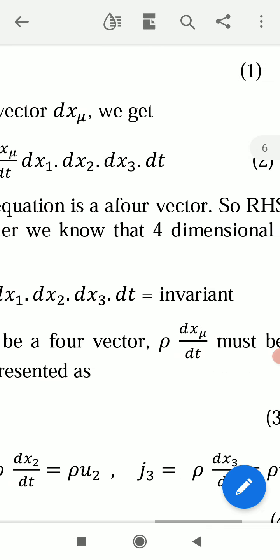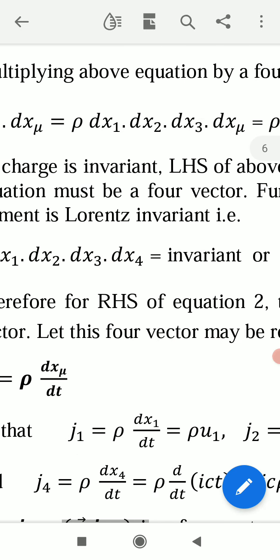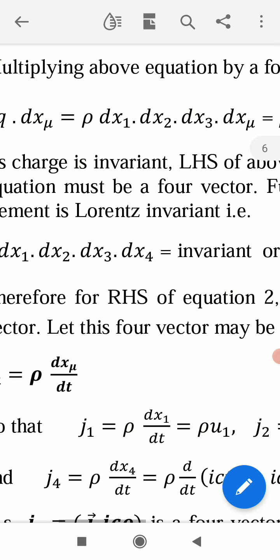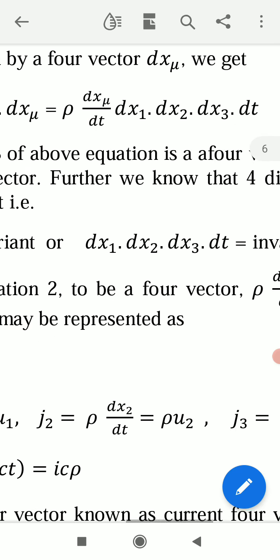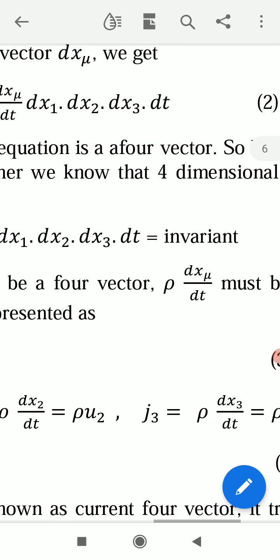Further, we know that the 4-dimensional volume element is Lorentz invariant, that is dx1, dx2, dx3, dx4 equal to invariant. This is the 4-dimensional volume element. Here x4 is ict. So we have dx1, dx2, dx3 into dt equal to invariant.